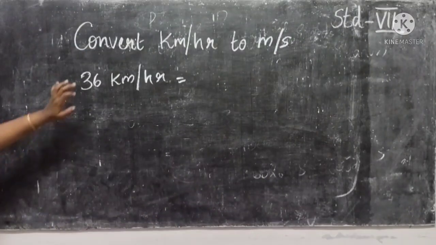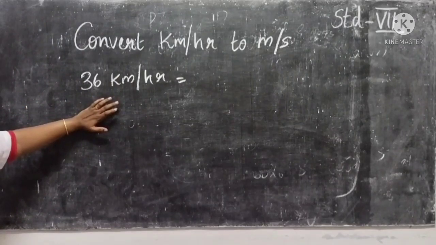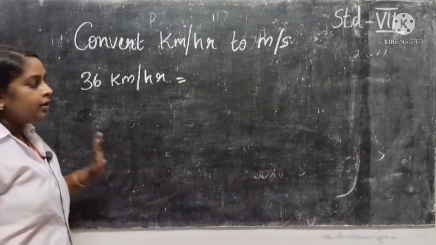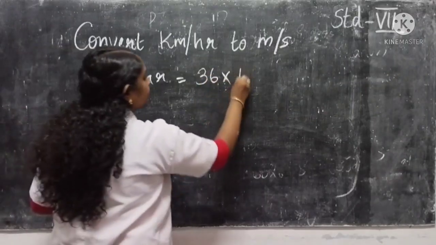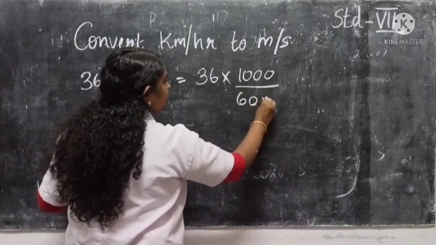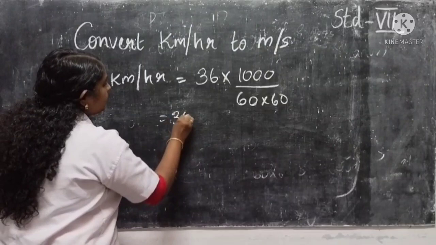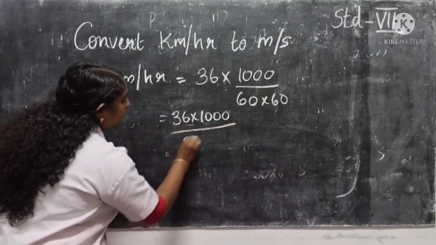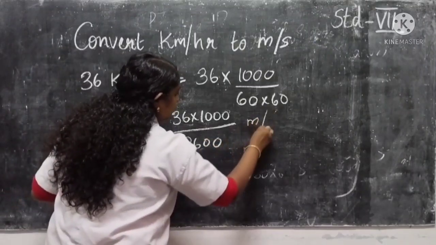Consider an example, that is convert 36 kilometer per hour into meter per second. So, we write 36 into 1000 divided by 60 into 60, or 36 into 1000 divided by 3600 meter per second.